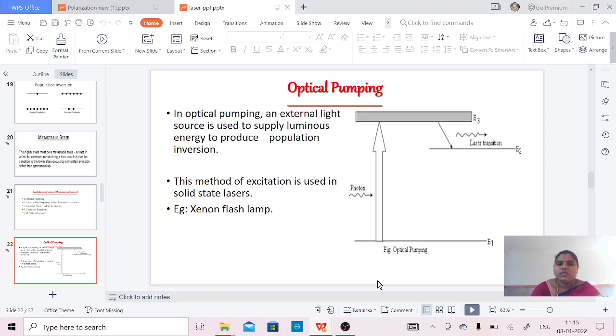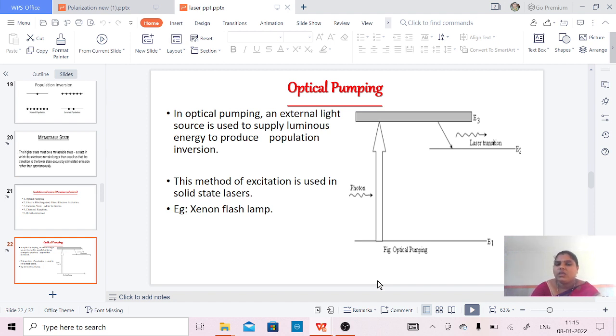Okay, and next, optical pumping. Let us see what optical pumping is. In optical pumping, an external light source is used to supply luminous energy to produce population inversion. So in this case, we are using an external light source to supply luminous energy for the condition of population inversion.